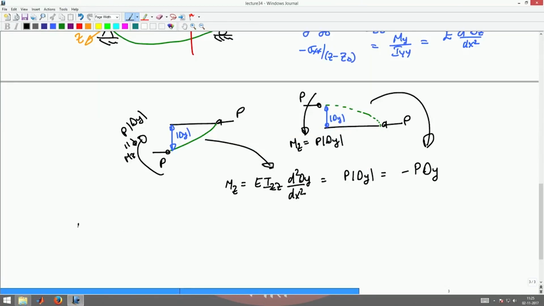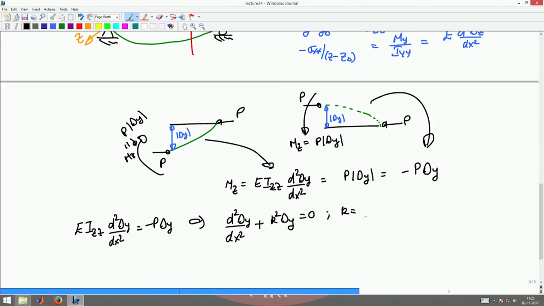Now what I have is, I have E Izz d square delta y by dx square equal to minus P times delta y. Okay, this I can rewrite as d square delta y by dx square plus k square delta y equal to 0, where k is square root of P by E Izz.